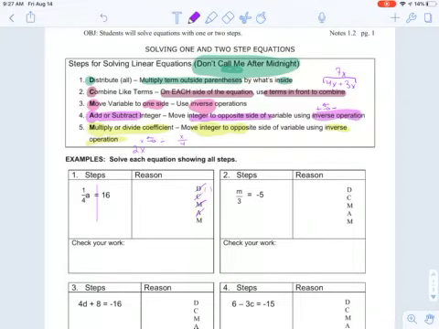Multiply or divide, if I look at my equation here, I have 1/4 times a, and the opposite of multiplication is to divide. So I'm going to divide by 1/4 on both sides.